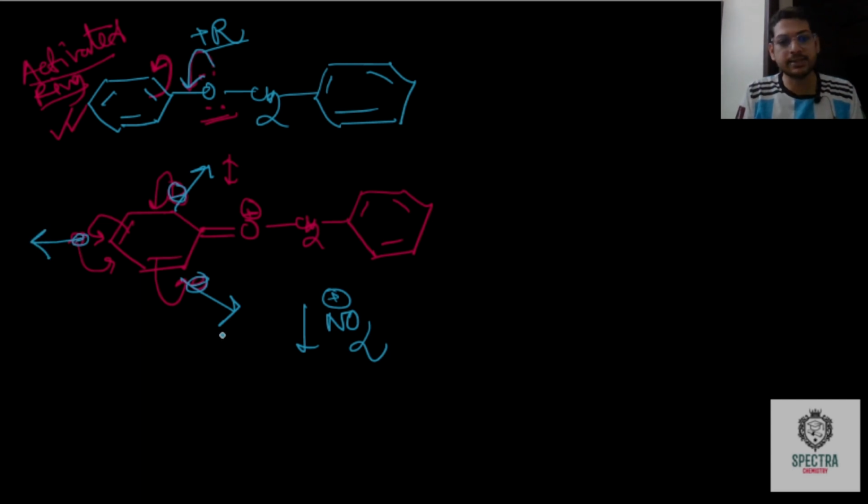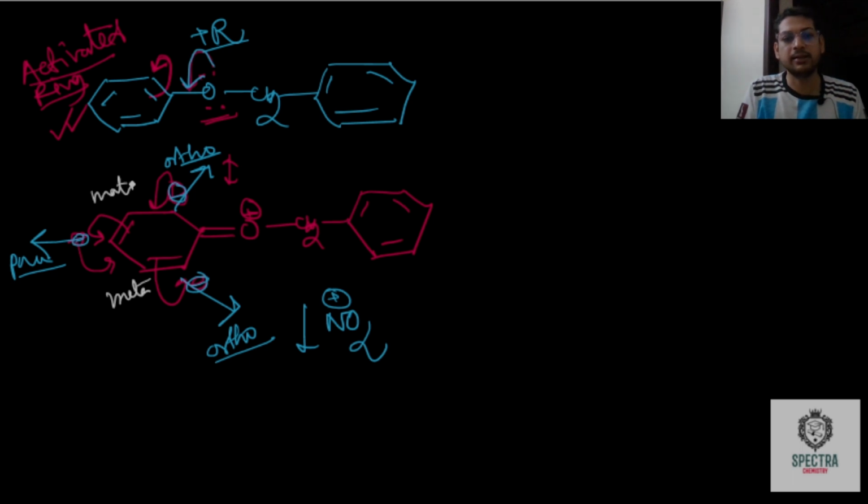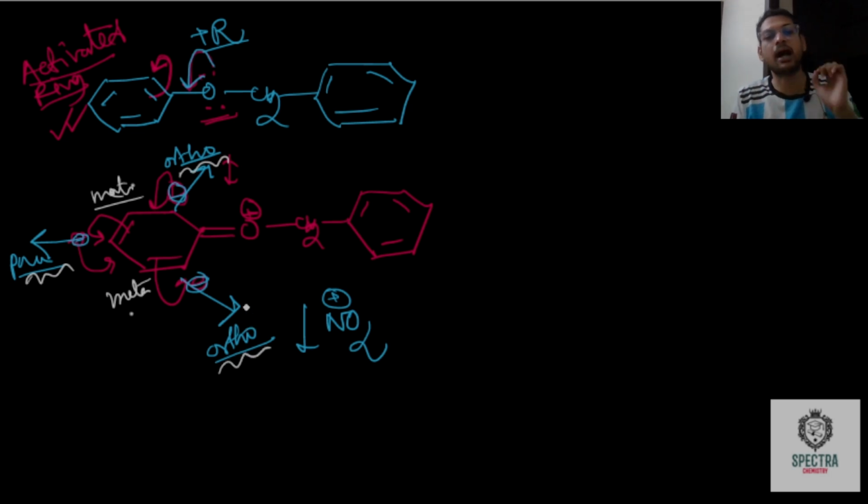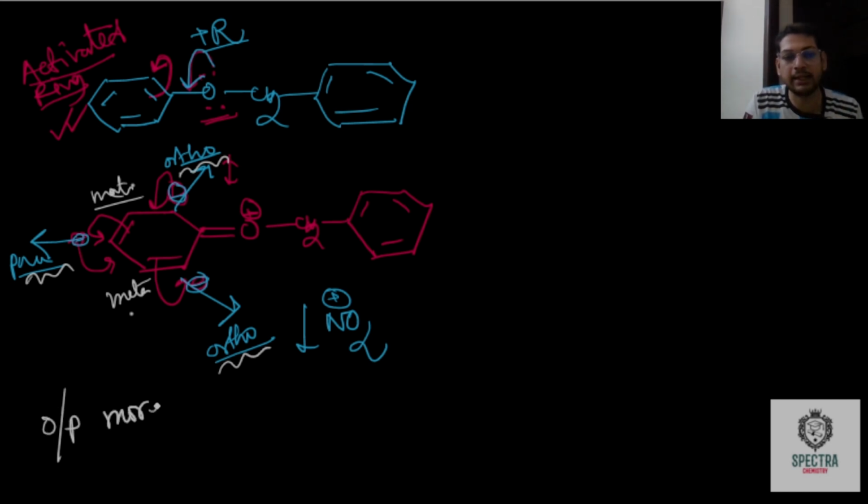That means the ortho and para positions are more activated than the meta positions, right sir? Yes, because the meta positions do not get any negative charge during resonance, but the ortho positions and this para position get a prominent negative charge during resonance.